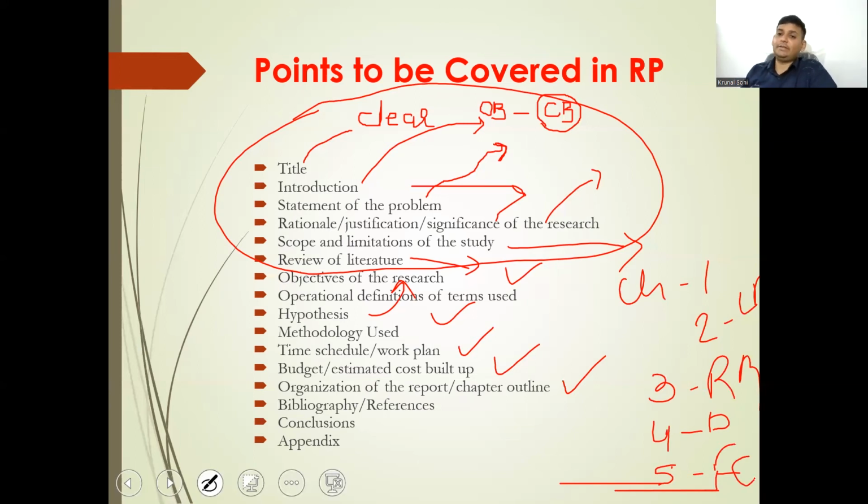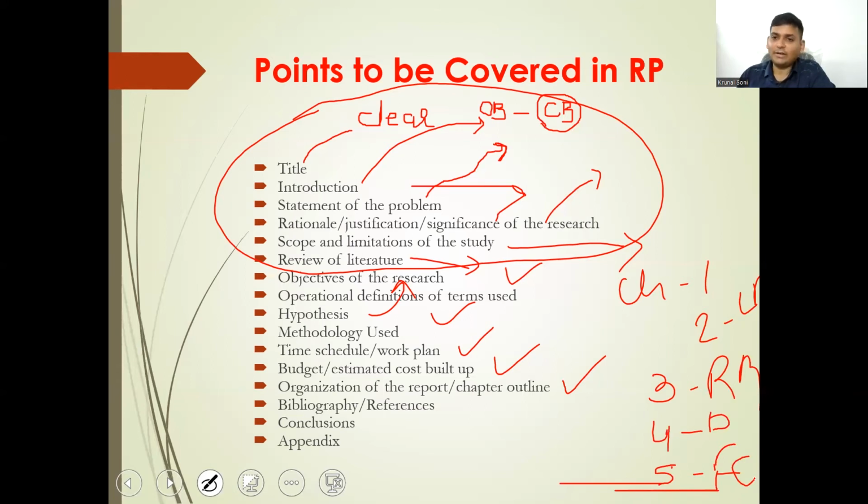This is called the chapterization scheme. It depends on the researcher how you are going to chapterize your reports. Sometimes the introduction covers 2 chapters as well. There is no strict rule or approval requirement that you need to stick to this chapter structure only, but generally this is the sequence that researchers are using.